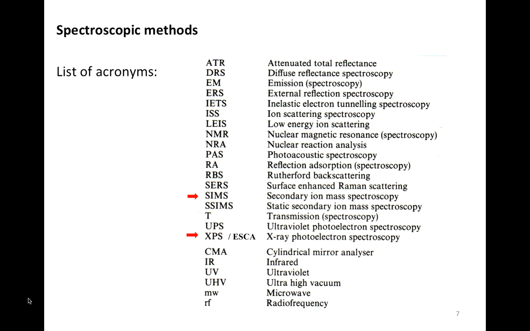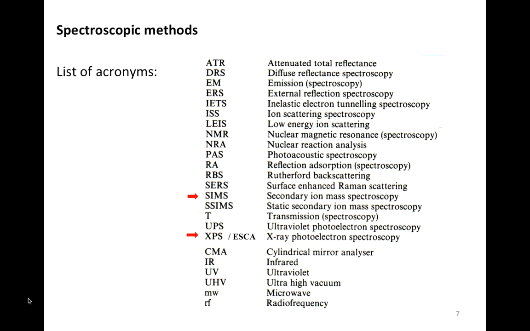So how can we analyze this? We have tons of different materials, but probably it's useful to look at these acronyms. There are many kinds of spectroscopic methods, and you can see here, for instance, ATR, attenuated total reflectance, and so on.